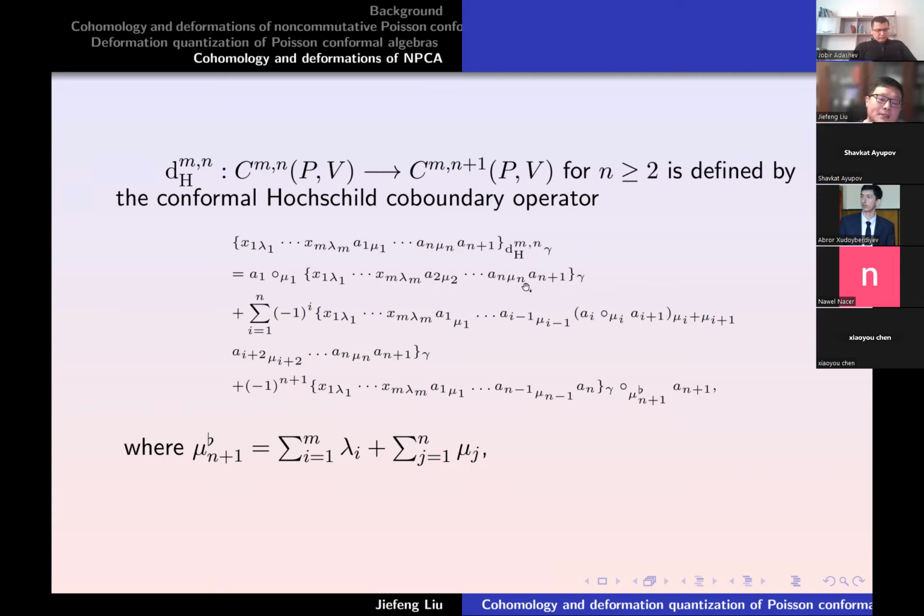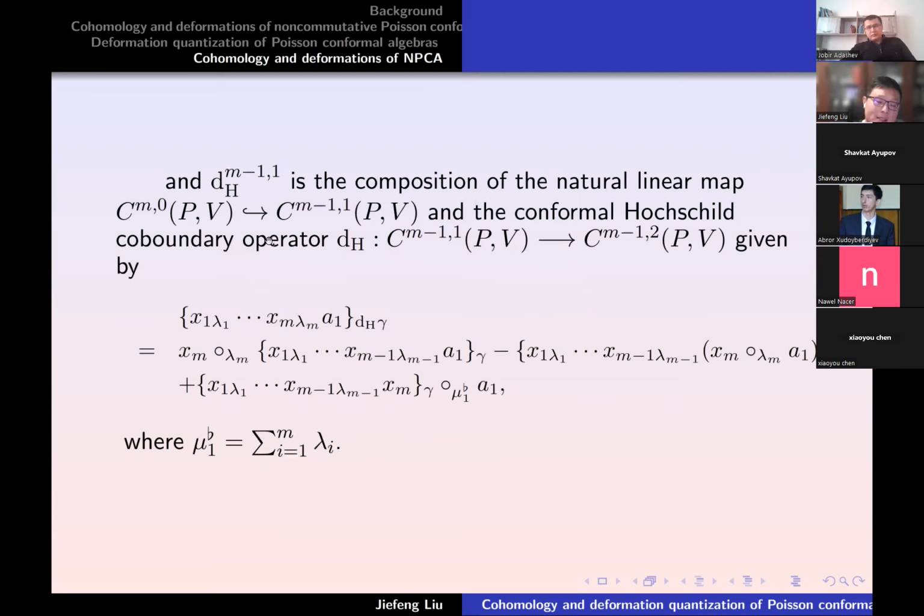It's very similar to the classical case, except some lambda and mu. In particular, for this coboundary operator, it should be defined specially.